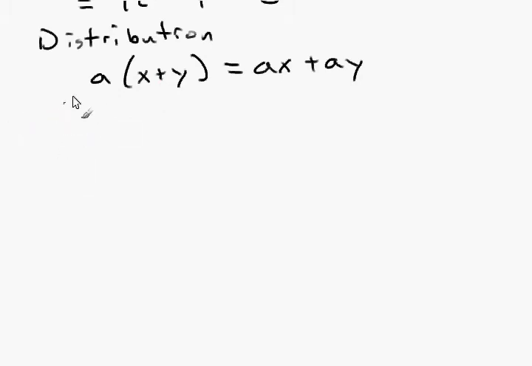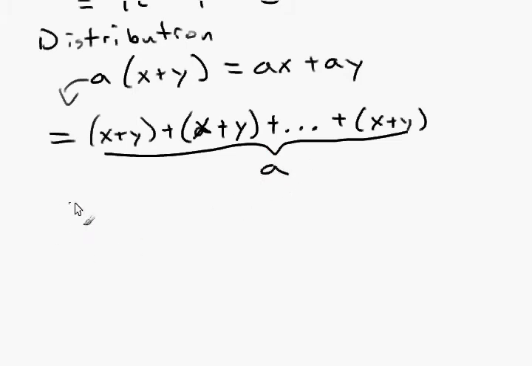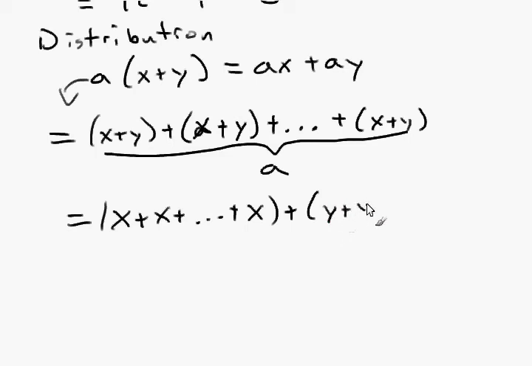We'd say, look, this is x plus y plus x plus y, keep on going until we have a of them, and then we can rearrange it to be x plus x, and so on, plus y, and so on.